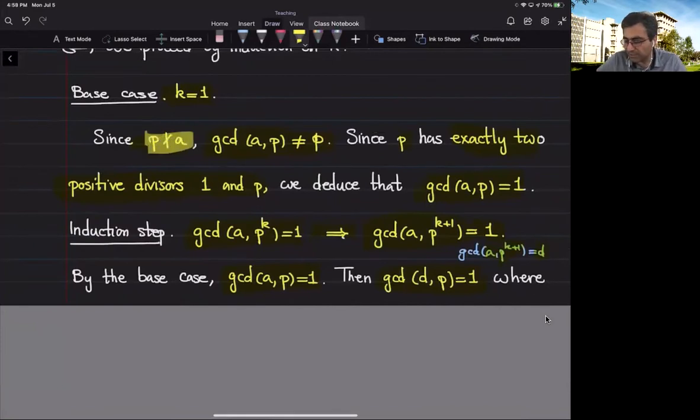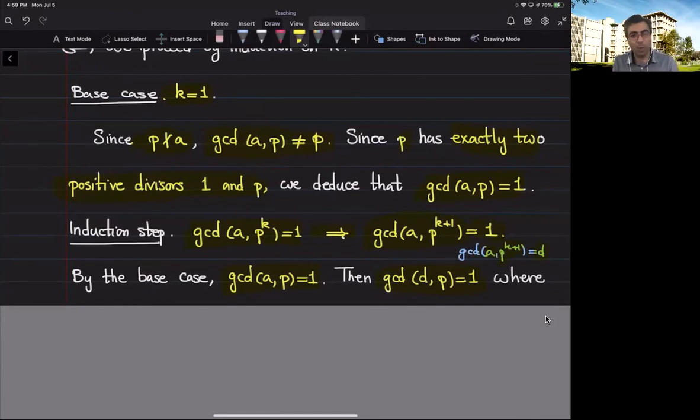So suppose p doesn't divide a. That means p is not a divisor of a. That means p cannot be a common divisor of a and p. So GCD of a and p is a positive divisor of p, which is not p. But remember, p is a prime number, so it has exactly 2 positive divisors.